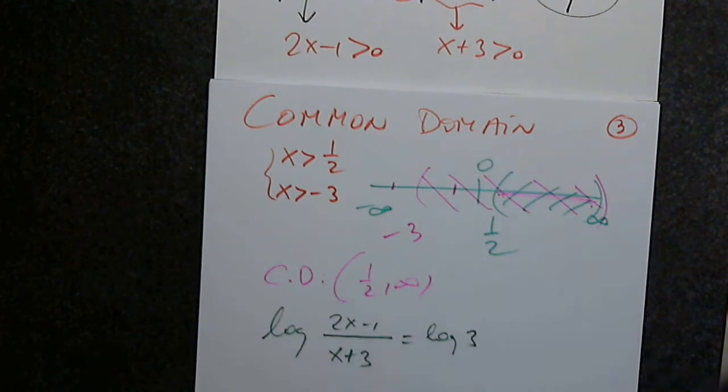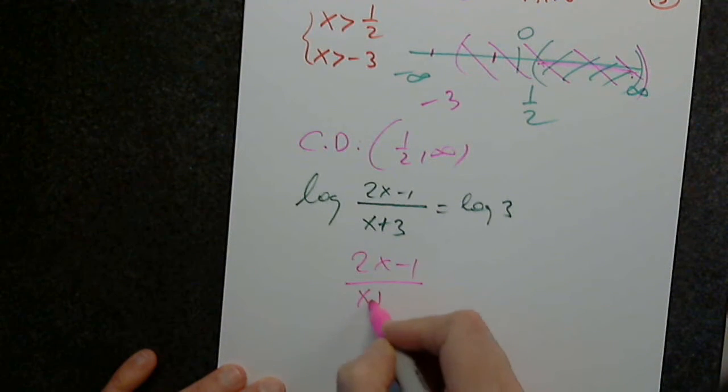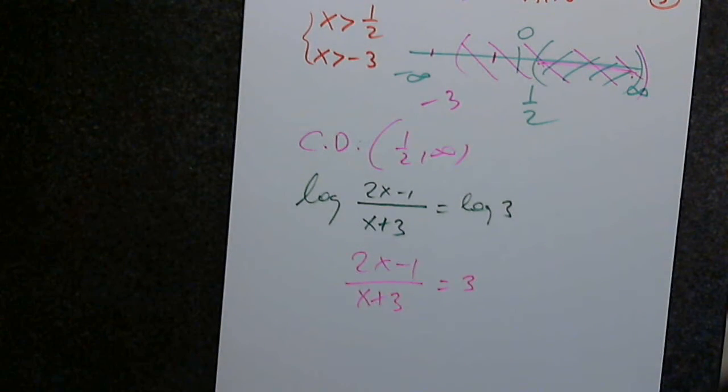By the one-to-one property, they have to be equal. So from here, I have 2x minus 1 over x plus 3 must equal 3. So maybe I should correct myself a little bit in the sense that not all log equations can be changed, but there is no need to change all log equations into exponential. This was too easy. There was no need to change it into an exponential.